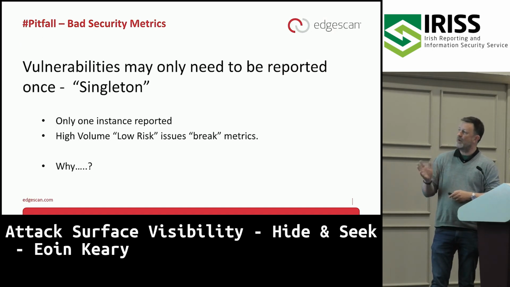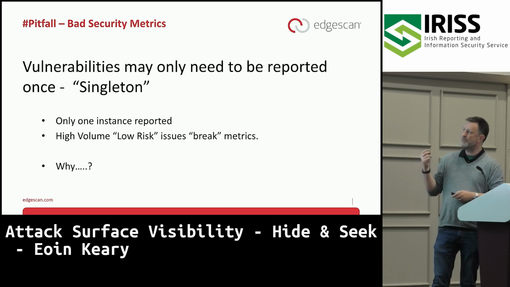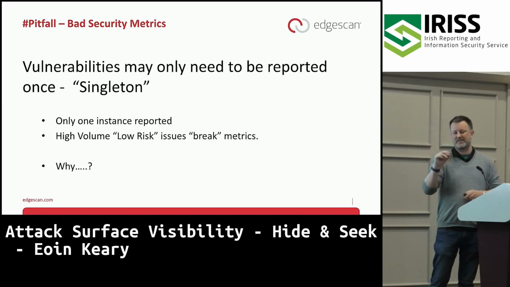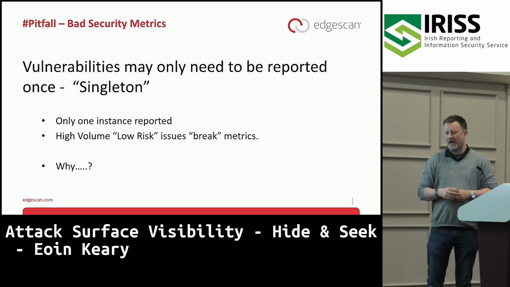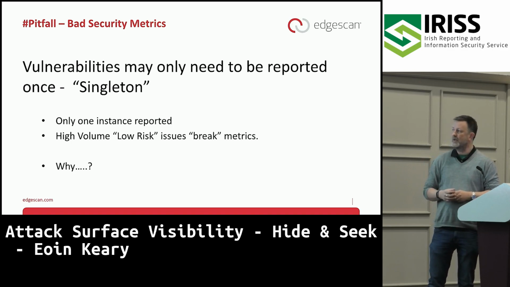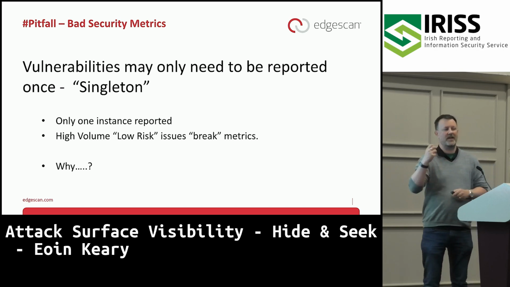A last few points around pitfalls of all this automation. Vulnerabilities sometimes need to be treated as a singleton, because vulnerability statistics are not linear. They're a very non-linear concept. Risk is very much a non-linear concept. If you find a high volume of low-risk issues and you're just recording them as metrics, it will skew your metrics.